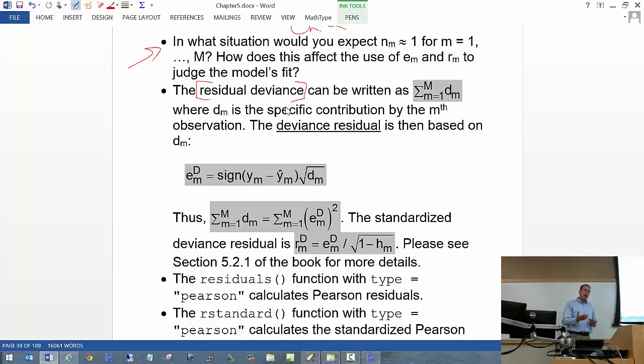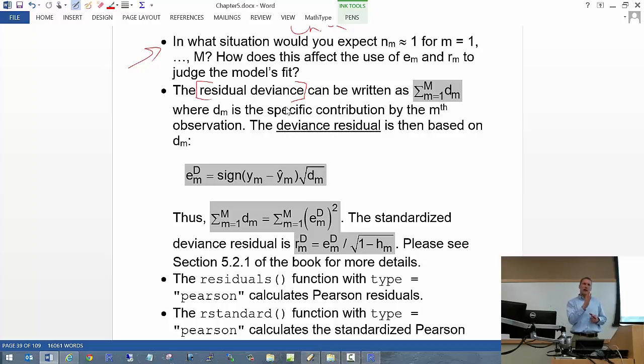Now, if you look inside that likelihood ratio, you have likelihood functions, the log likelihood functions, and those log likelihood functions are sums of, for every single observation, a particular component.